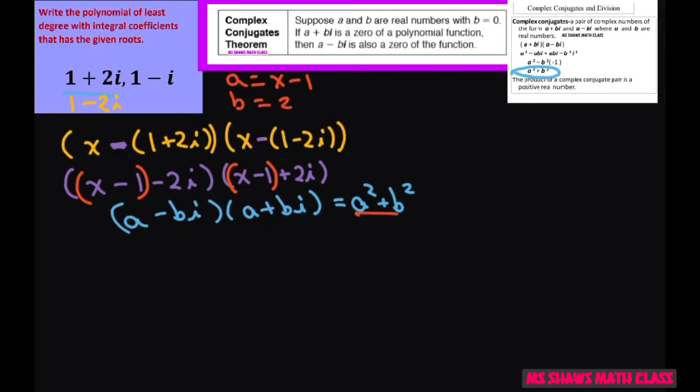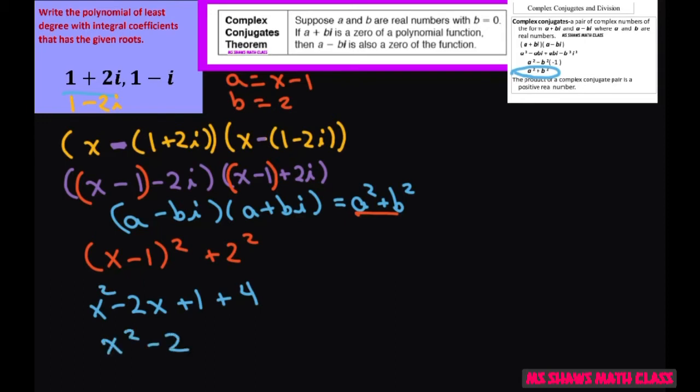So I'm just going to use this formula, and that's going to be (x minus 1) squared plus 2 squared. This gives me x squared minus 2x plus 1 plus 4. Simplifying, x squared minus 2x plus 5.